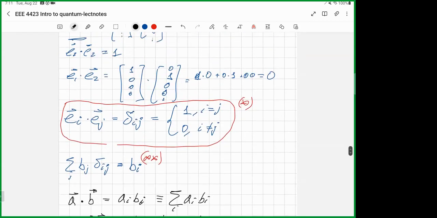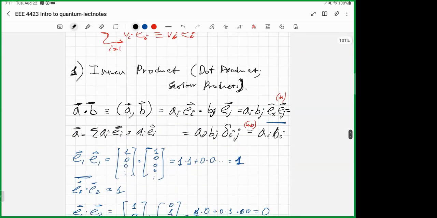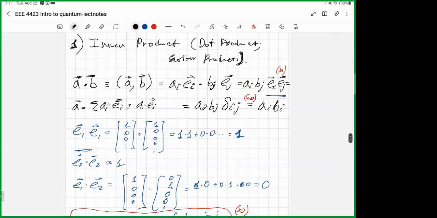This inner product, or scalar product, is the most important one, because in quantum theory it allows us to make predictions, or basically it allows us to connect the experiment with the results of calculations.